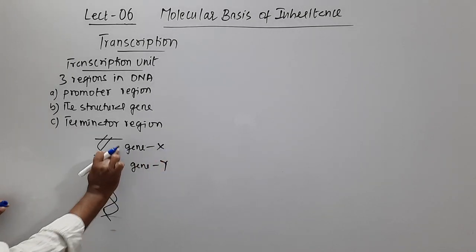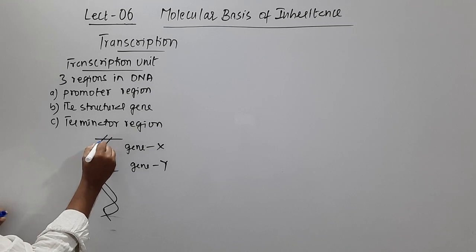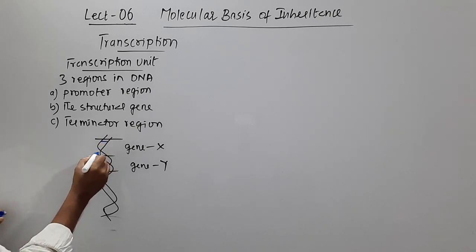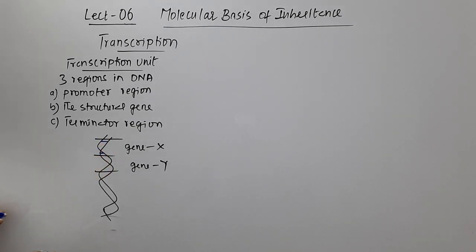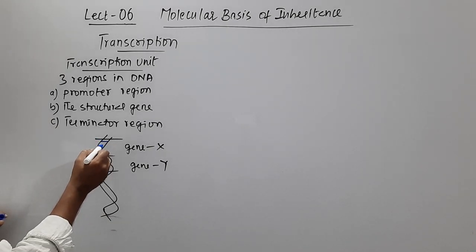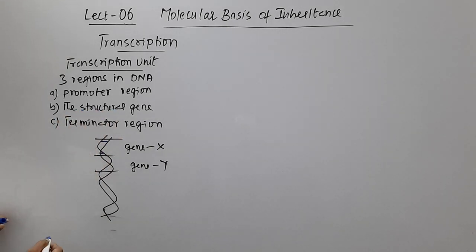Every gene will have its own promoter region. So here there is a promoter region, and here will be a terminator region, and between these two will be the structural gene. The structural gene is the one which actually codes for the polypeptide.